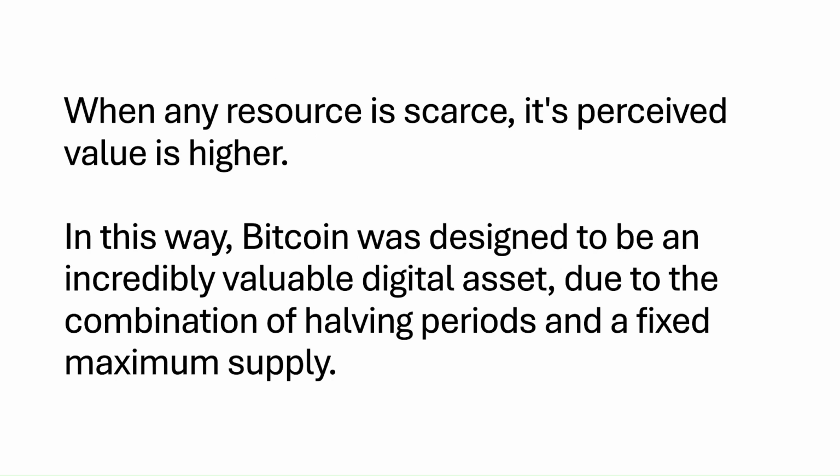When any resource is scarce, its perceived value is higher. In this way, Bitcoin was designed to be an incredibly valuable digital asset due to the combination of halving periods and a fixed maximum supply.